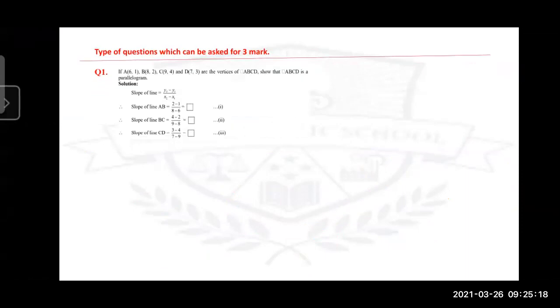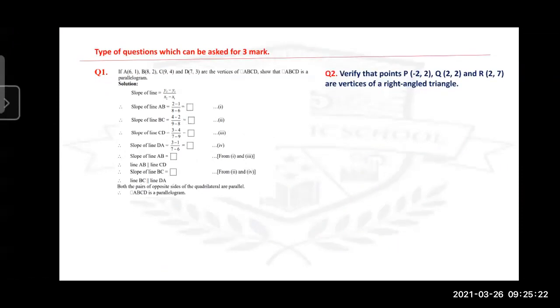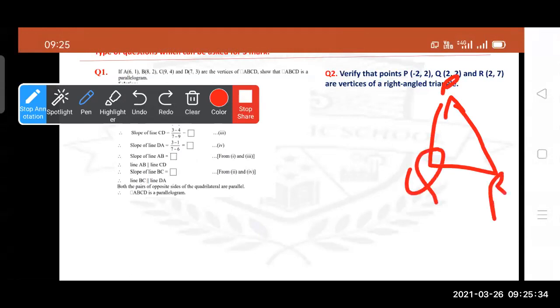Now the second and last chapter, for 3 mark questions. Yes, this is omitted, slope of the line. Verify that these points are the vertices of a right angle triangle. It's very simple. We draw a rough diagram here first. Take it as PQR. Point P is given, point Q is given.